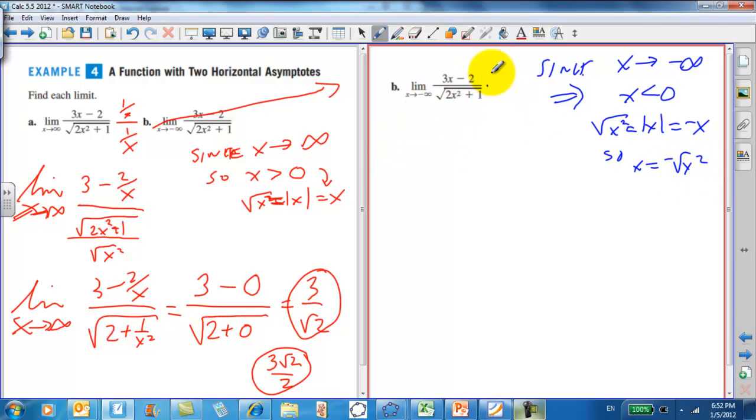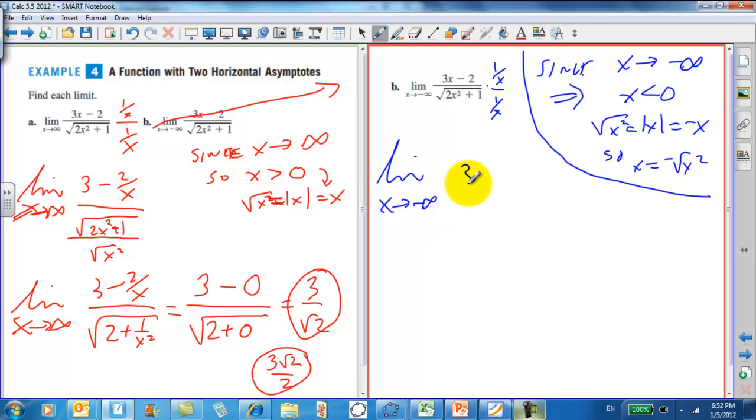When I multiply top and bottom by 1 over x, we're going to get the limit as x goes to negative infinity of 3 minus 2 over x all over square root of 2x squared plus 1 all over negative square root of x squared. Because x isn't equal to the square root of x squared, in this case, as we're approaching negative infinity, it equals the opposite of the square root of x squared.